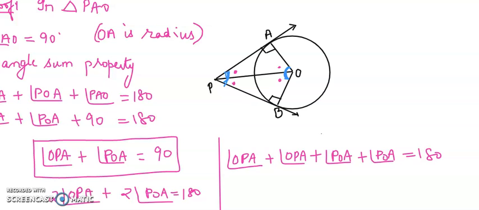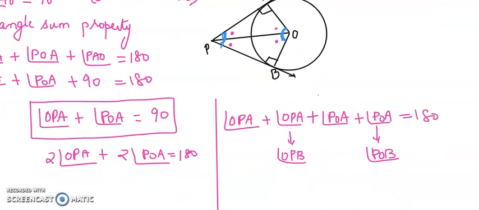Now if you look at the figure again, OPA is equal to OPB, which we know, and same way POA is equal to POB. So one of the OPA I'm changing into OPB, and one of the POA I'm changing into POB.